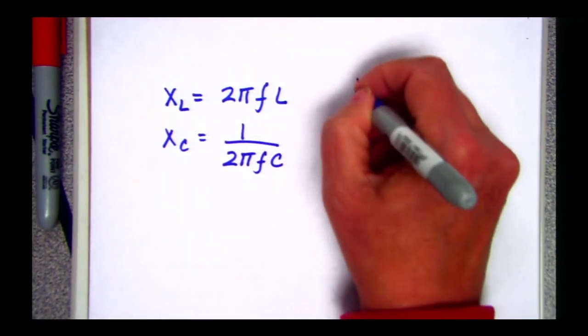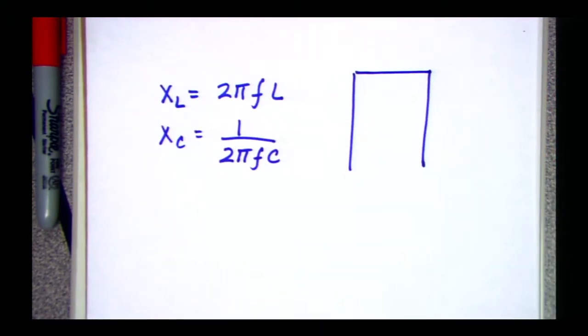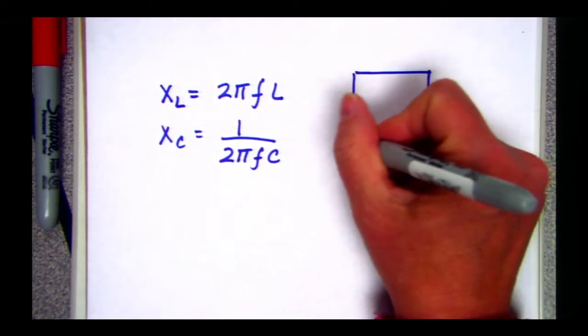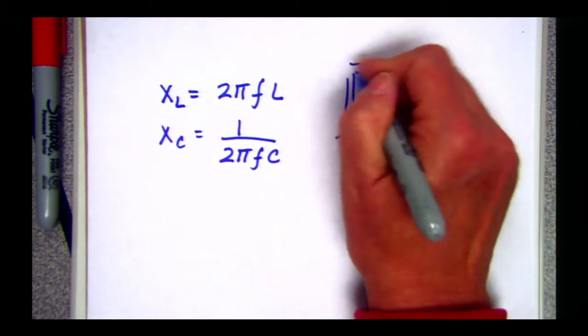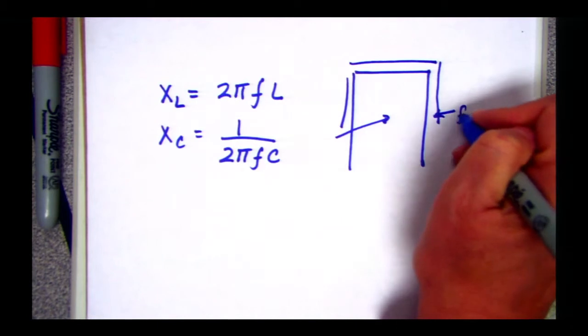So if I have a device here, and if I put a piece of metal through that device, which is why it's a metal detector, the frequency associated with this device is going to be set.